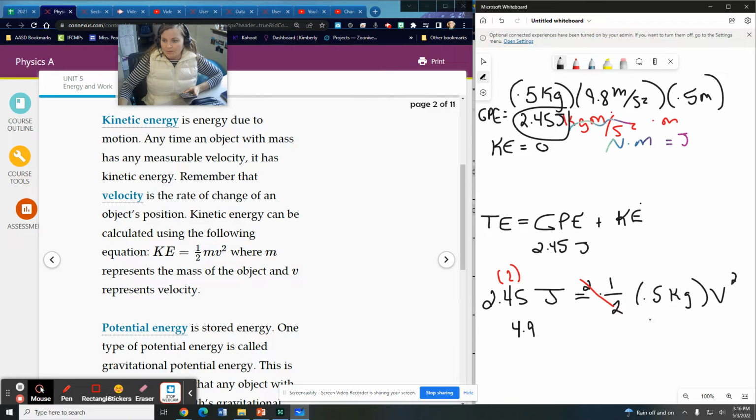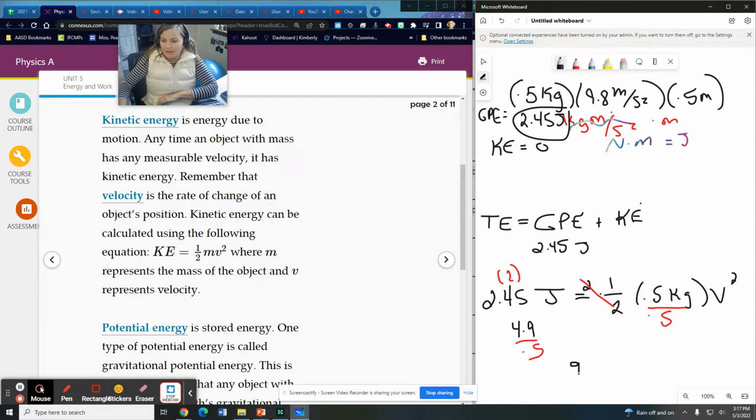And then I also need to get rid of that 0.5 on the right side here. So I'm going to divide by 0.5 because if I want to get rid of something here, it's multiplied by v, so I'm going to divide it by 0.5 to get rid of it. So divide this side by 0.5 is 9.8.